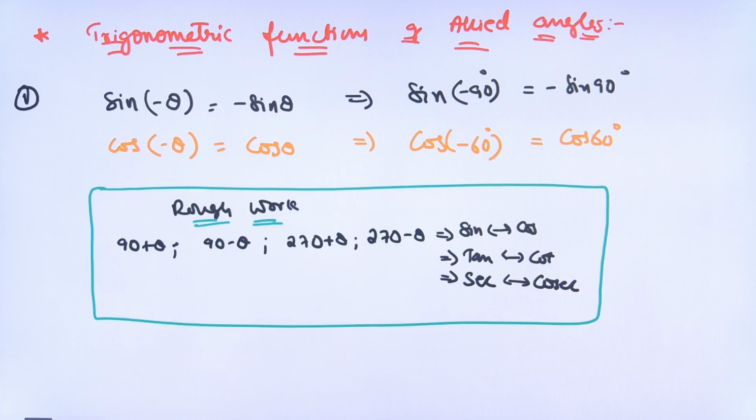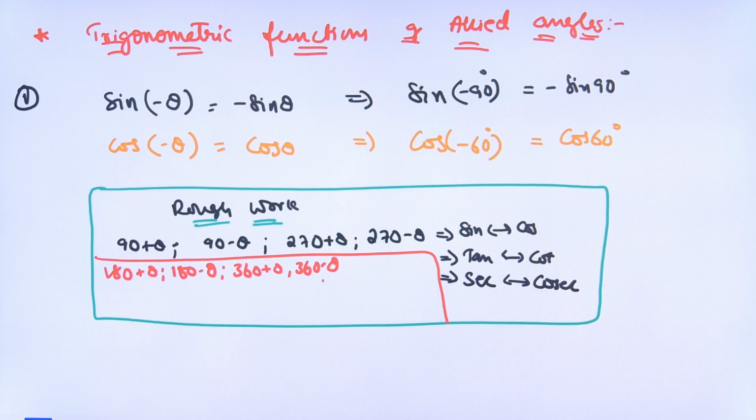Remember this very carefully, students. Now within this, one more box I'm drawing: if we get 180 plus theta, 180 minus theta, 360 plus theta or 360 minus theta, then no changes will happen.